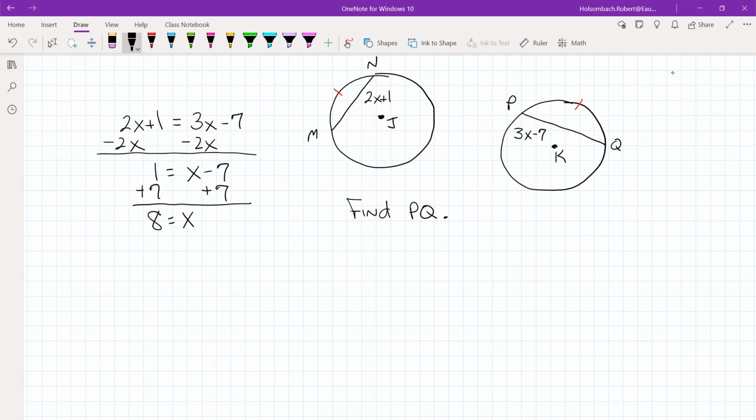If 8 is equal to x, then PQ is going to be equal to 3 times 8 minus 7. So 24 minus 7 is 17. So PQ is 17.